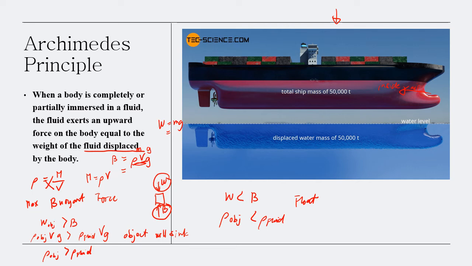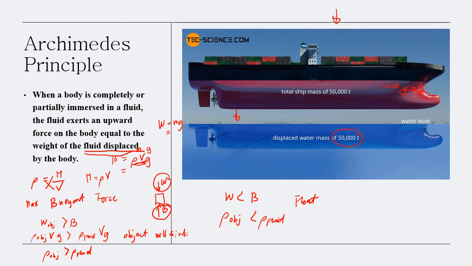If we put this ship into the ocean or the seawater, the total ship mass is 50,000 tons, and the displaced water is also around 50,000 tons. So there is a large mass of fluid displaced, and that's why the ship will float.